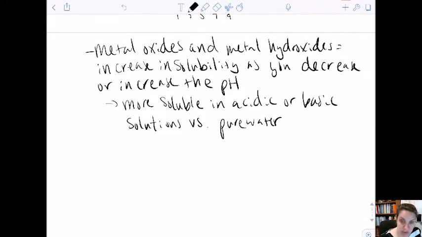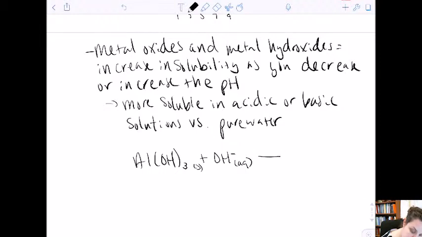Okay, so we can think about aluminum hydroxide. Okay, as we add in OH minus, we will shift our equilibrium towards a soluble form.